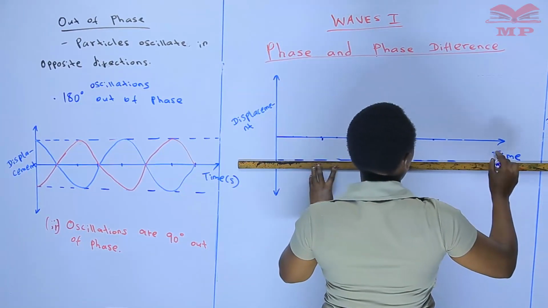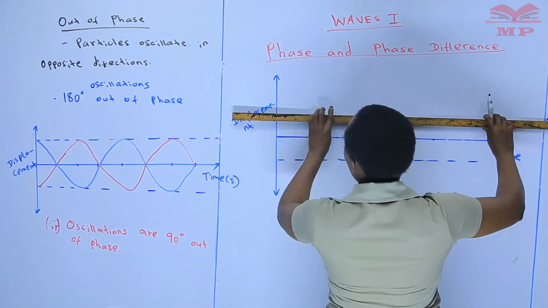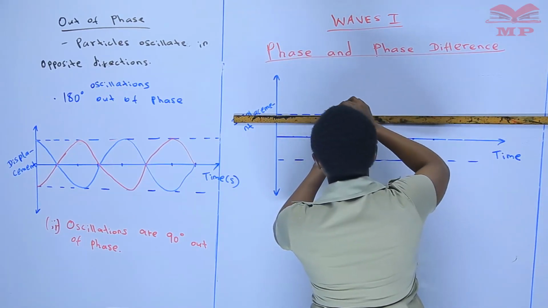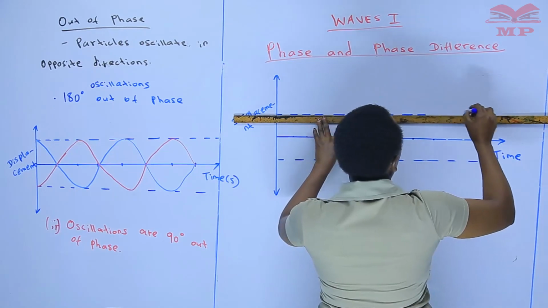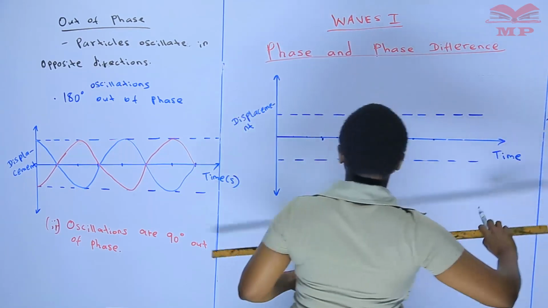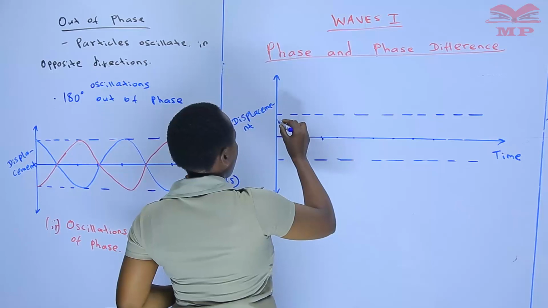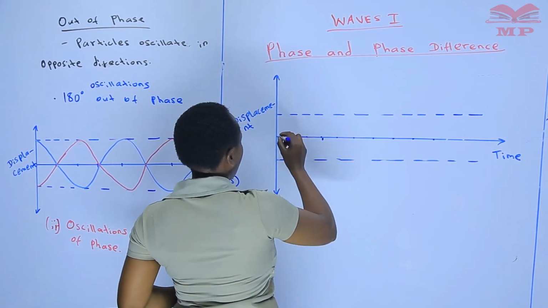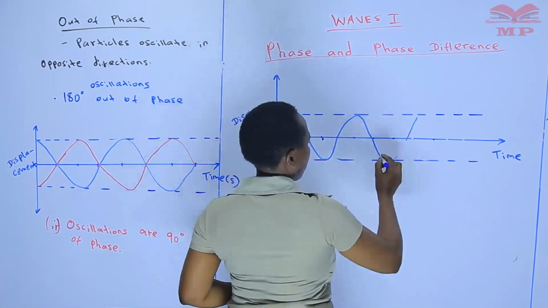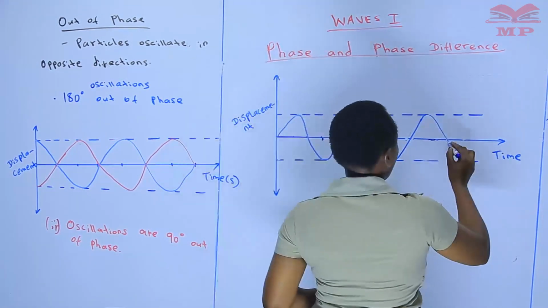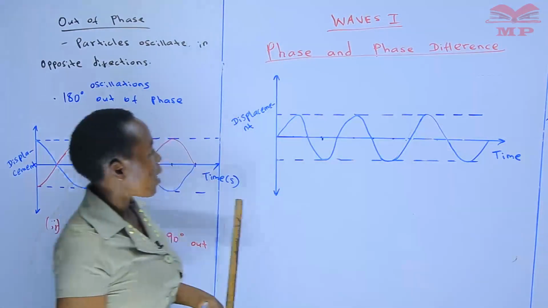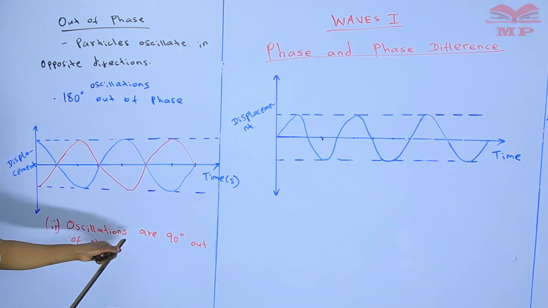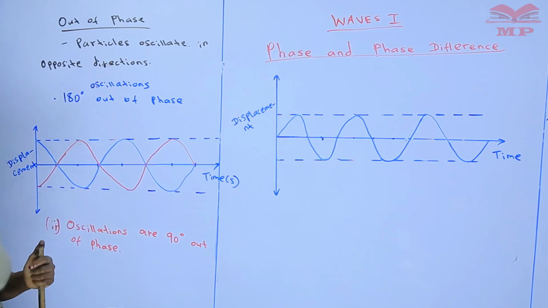So whenever you are drawing a wave, you always mark the lower and the upper part so that they are of the same amplitude. So for example, if I have a wave like this one here, so you can have such, and then you draw some oscillations which are 90 degrees out of phase.